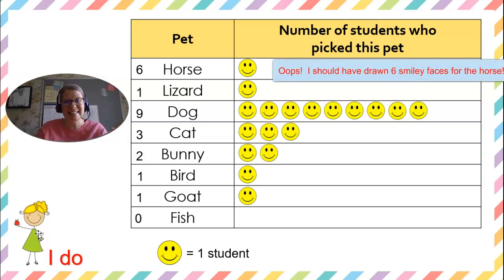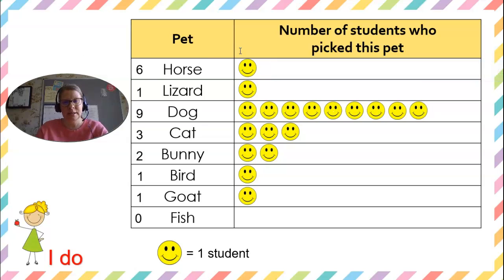Whoa, look at that. So you could clearly see that the dog has the most votes. Look at all of those. And one thing I want you to notice about this pictograph is I lined them up very carefully, because if they're different sizes and smushed together in one row but spread out in another row, then it doesn't represent the data very accurately or helpfully.